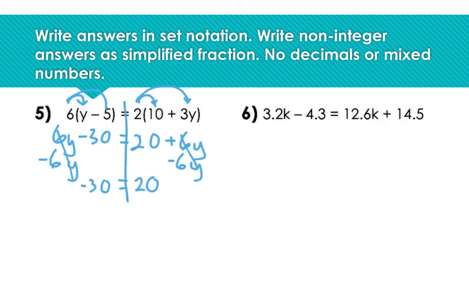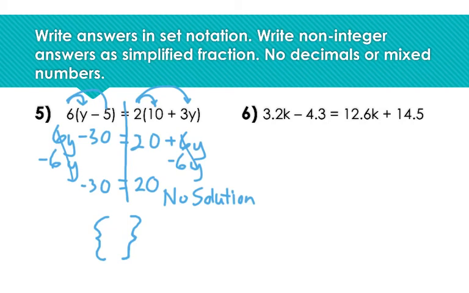Wait, negative 30 does not equal 20, so this is a no solution. There's no solution to this equation. And we write that as an empty brace. So no solution.